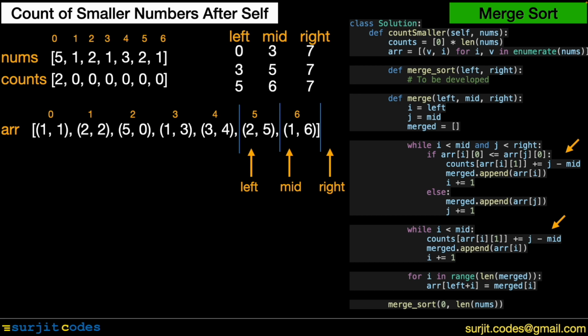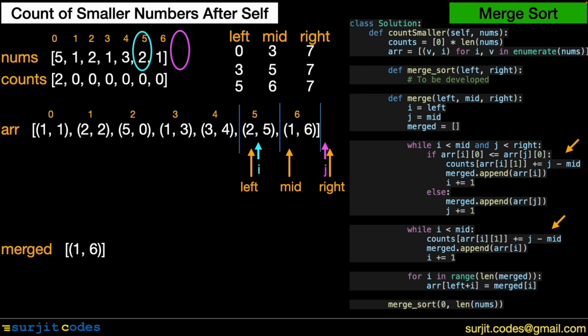Now we take up the right partition of previous call for which left and right are 5 and 7. Both partitions are edge cases, so we merge them. 1 moves first, j comes out of range. Now is the time to append 2 to merged.